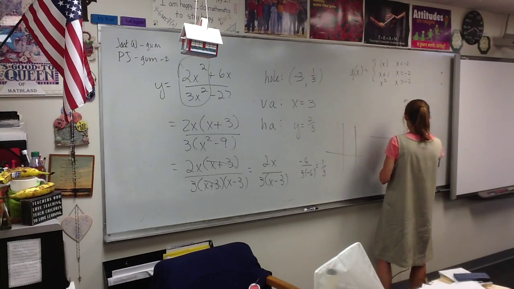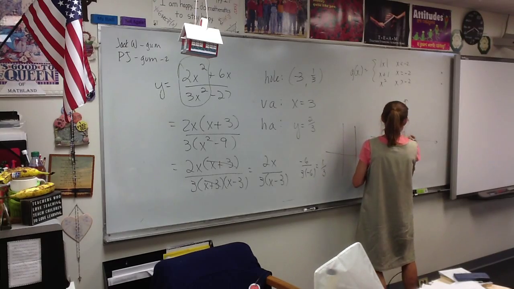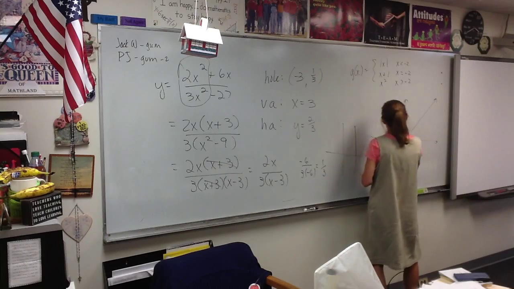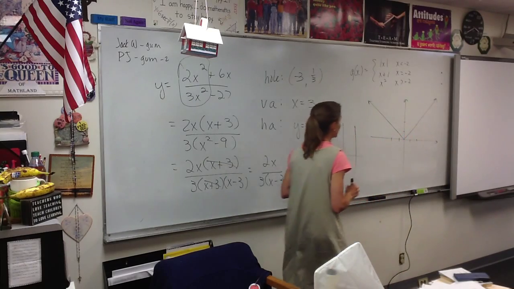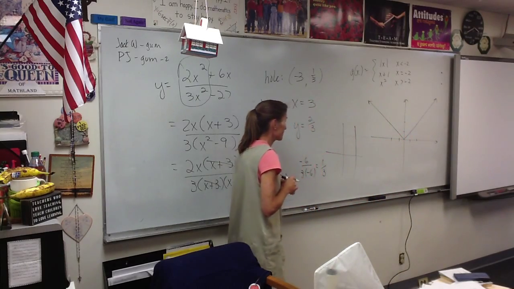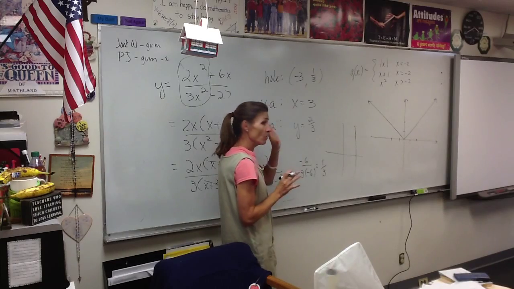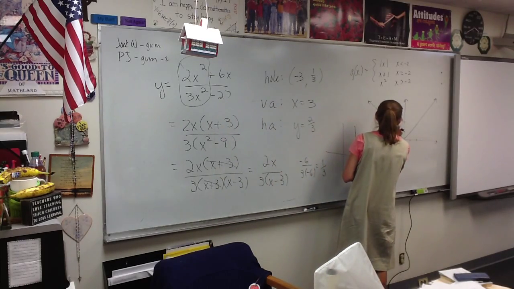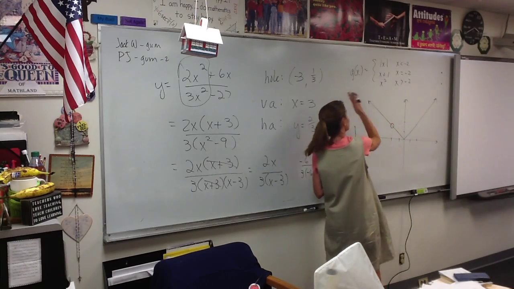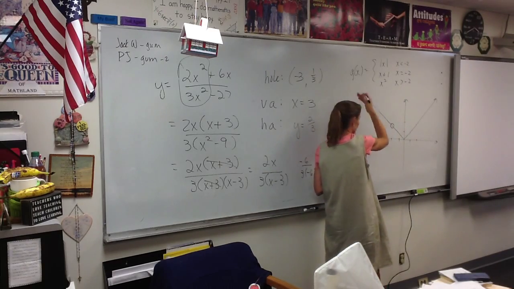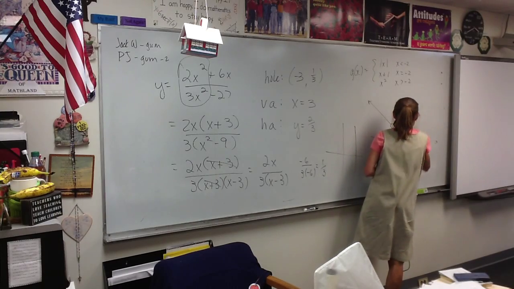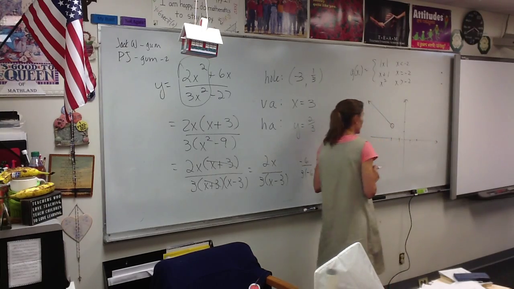So I'll apply a couple points, make sure I get the right shape here. So there it is. There's the top one. That's our absolute value function. But I don't want the whole thing. I only want the part less than -2. So I'll erase all of this. Everybody okay with that?